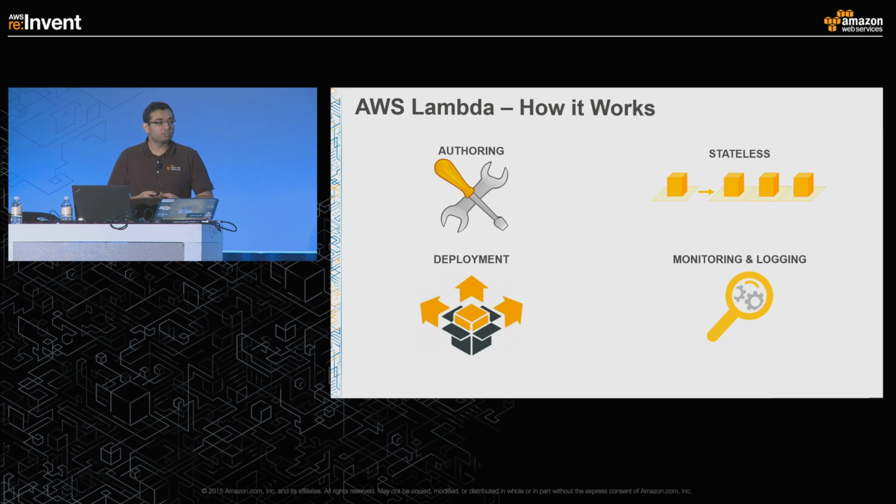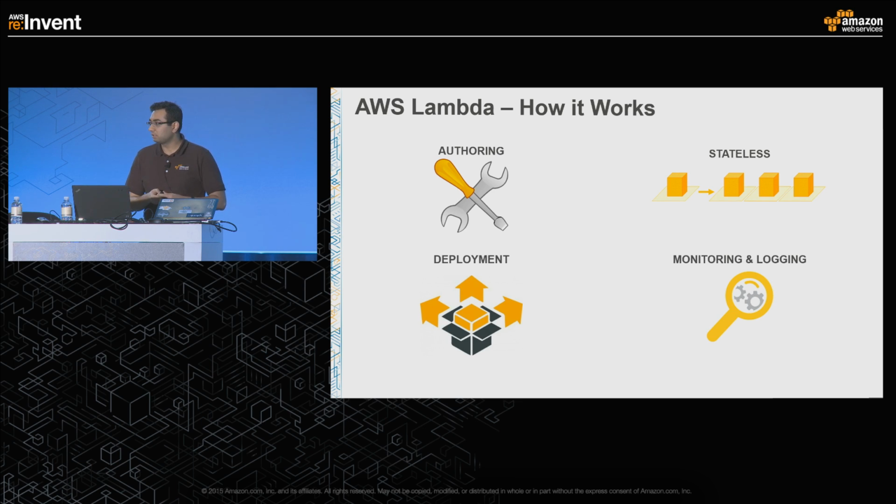For authoring Lambda functions, you can author functions the same way you would in your own environment. You can make use of threads and processes and forks, and you can bring in all of your packaged libraries and binaries. You can even make use of all of the programming constructs which you are very used to in your standard environments. For deployment, we have different options.